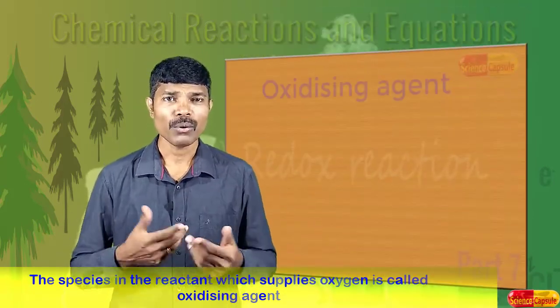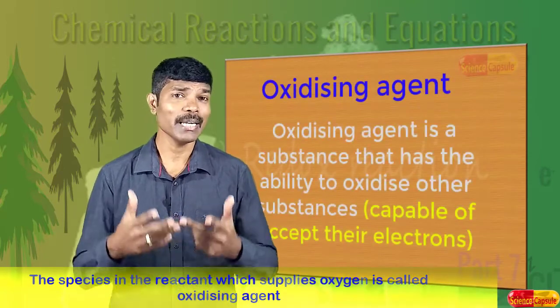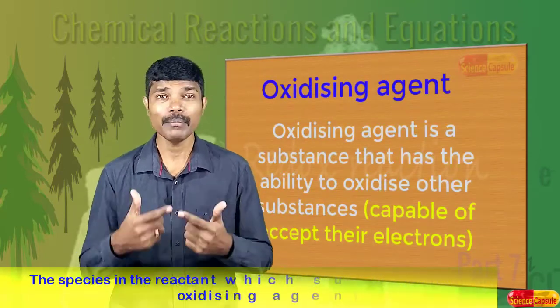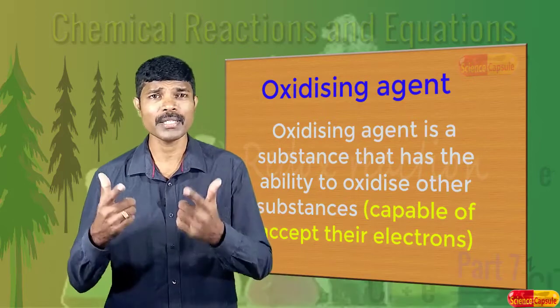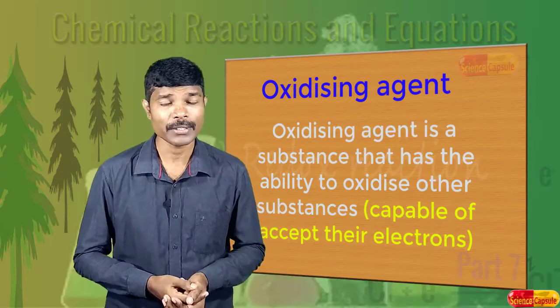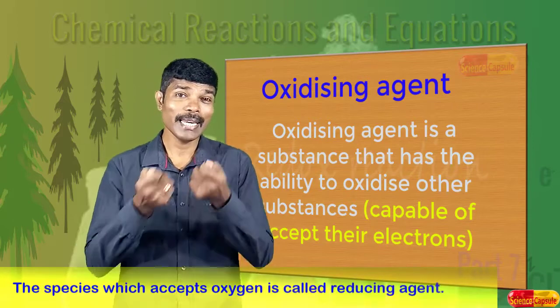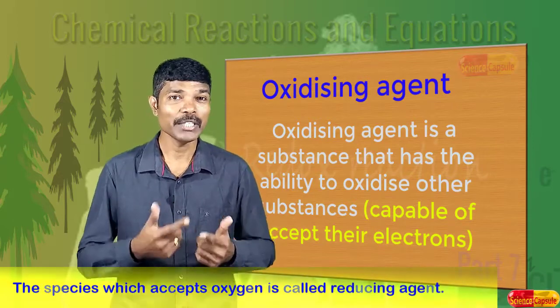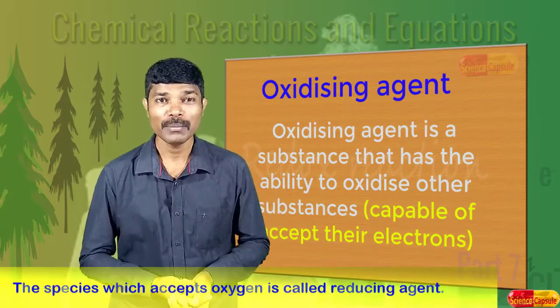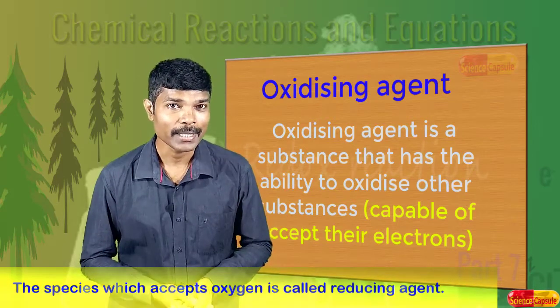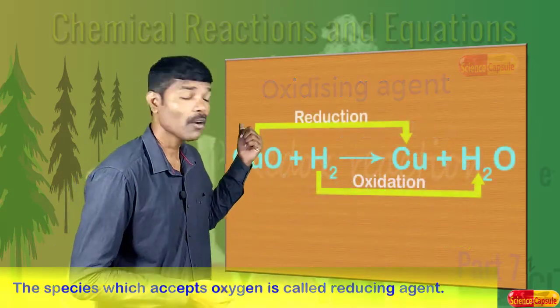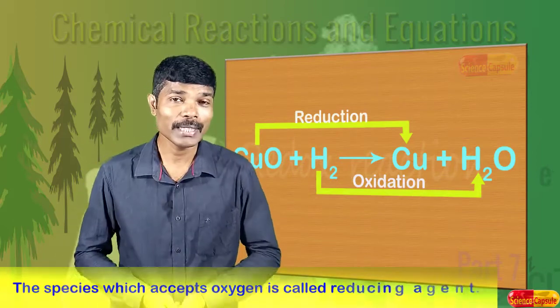Dear students, an oxidizing agent is a chemical species which has the ability to oxidize other substances present in a chemical reaction. In other words, the species which gains electrons is said to be reduced and usually is the oxidizing agent. In this chemical reaction, copper oxide is the oxidizing agent.